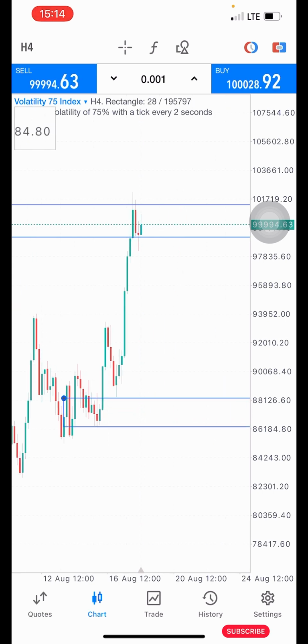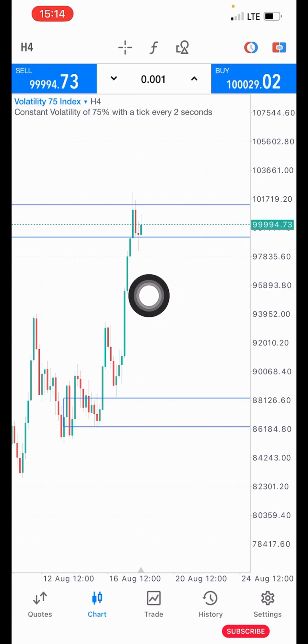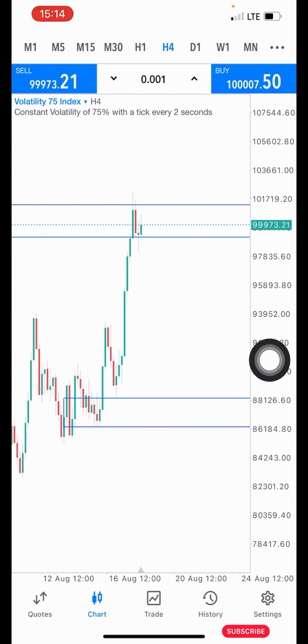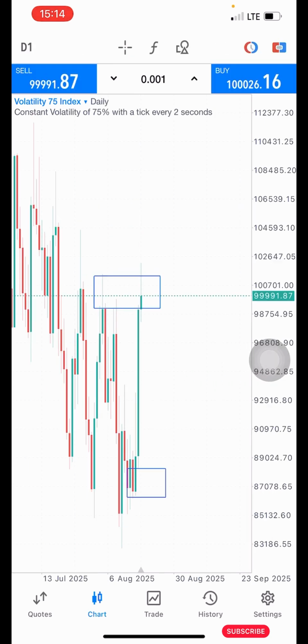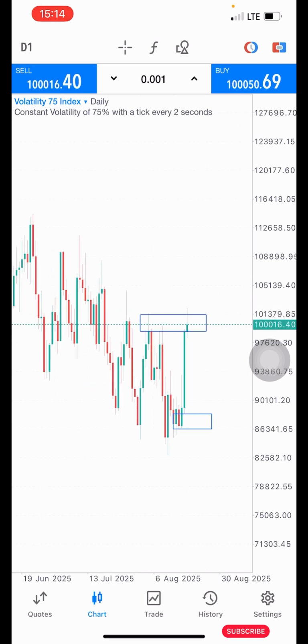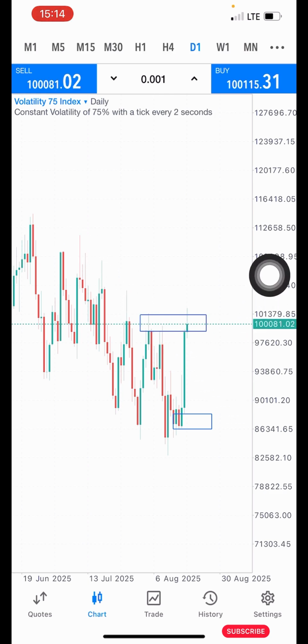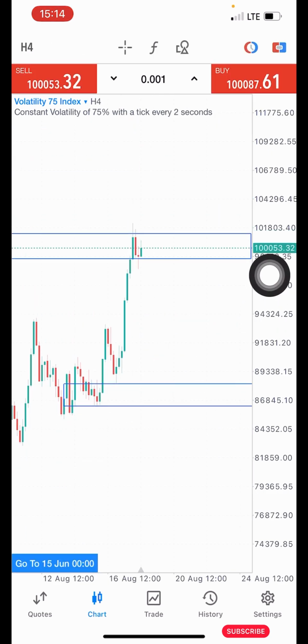Right now, if price gets to this area, I'll be looking for a buy, or if I'm following the daily, then I will not be looking for any buy because I move with the trend. My rule is that if I'm in a downtrend on the daily, all my trades are going to be sell trades. That's my own rule.